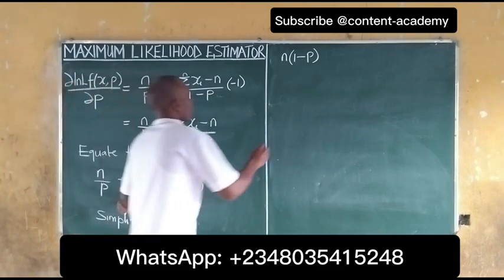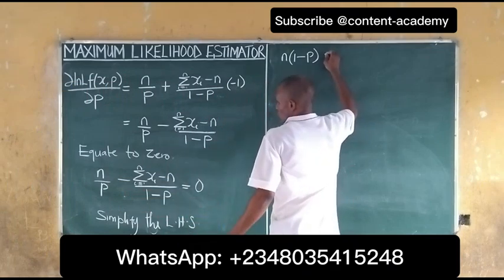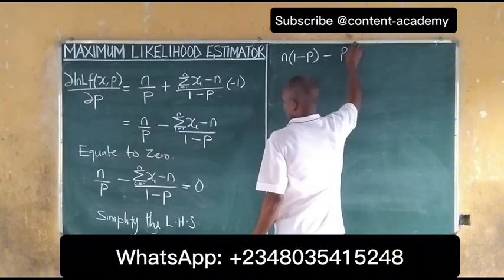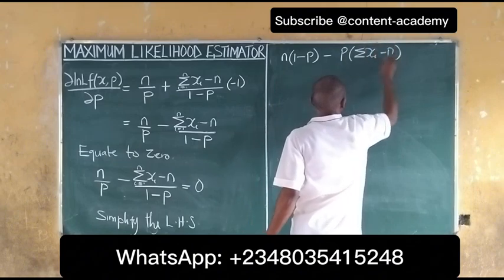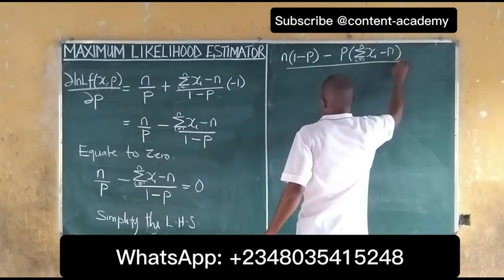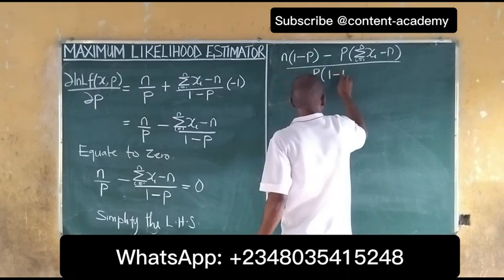So to simplify the left hand side, we have n into 1 minus p minus p into summation of xi minus n, i running from 1 to n, all over p into 1 minus p.